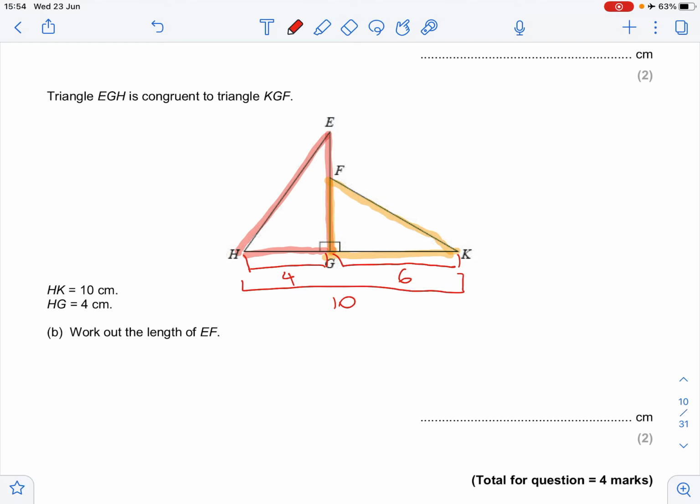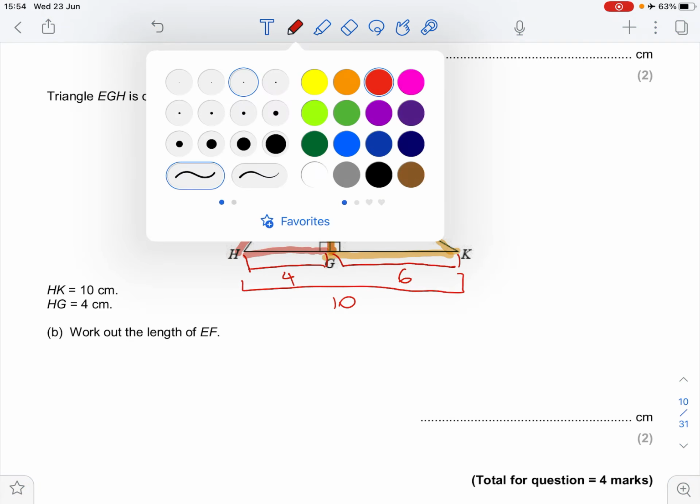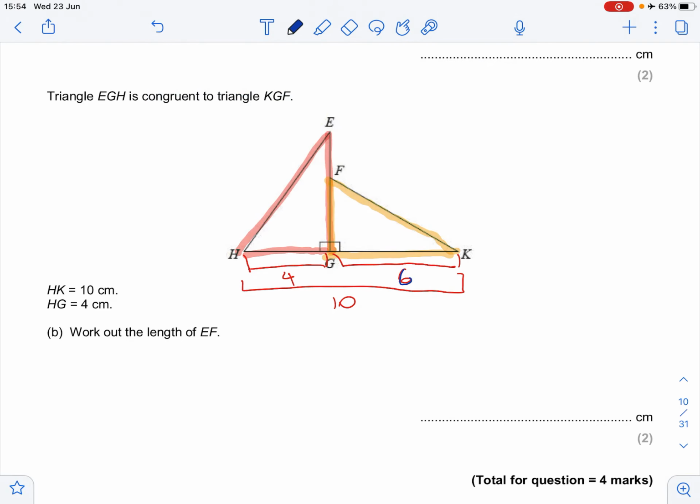Because they're congruent, we know this long side here is the same as this side here. So this length here must also be 6.